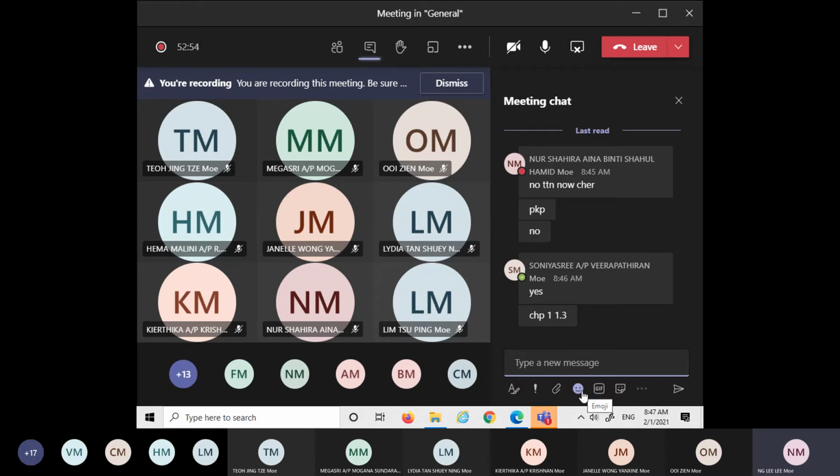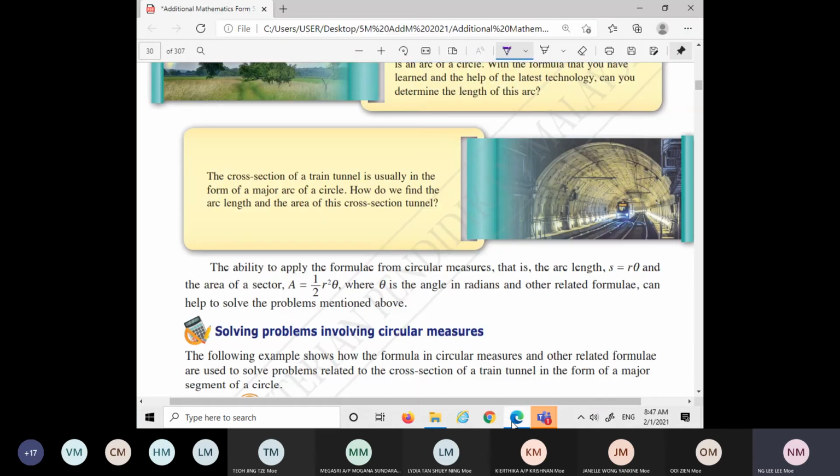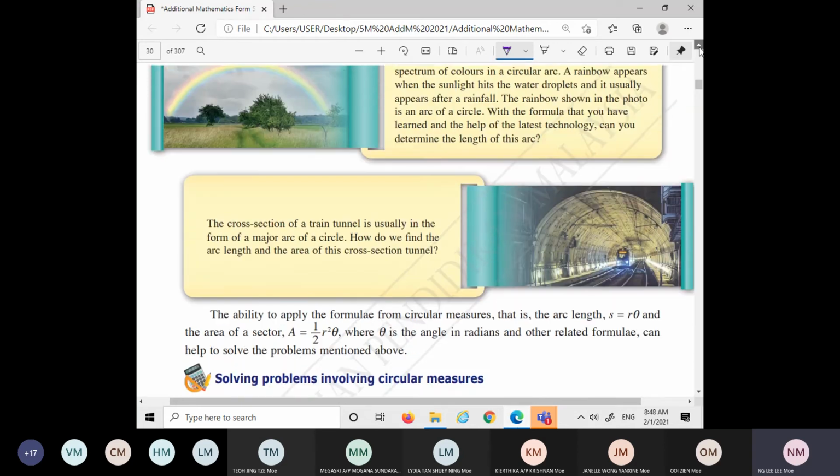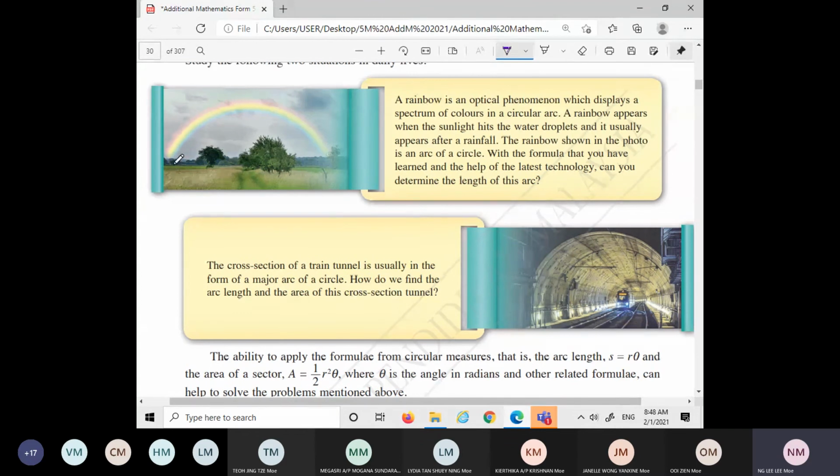It's tough. Okay. So I want to continue one more example. Okay, we come back here. So I've finished chapter 1 already. Okay, for these applications, I think rainbow got no problem. Rainbow depends, maybe they want you to determine the length of this arc. So this is arc length.